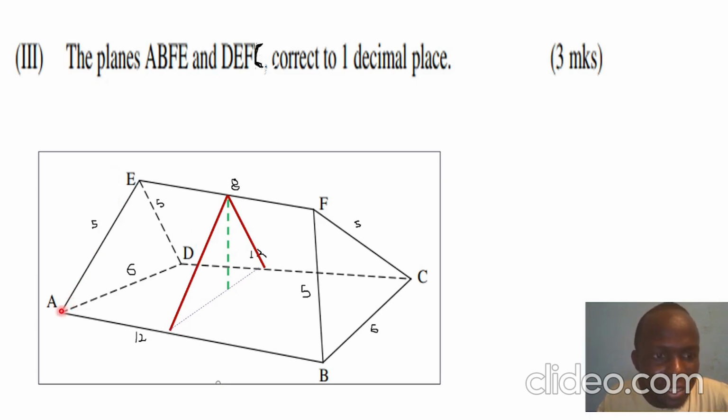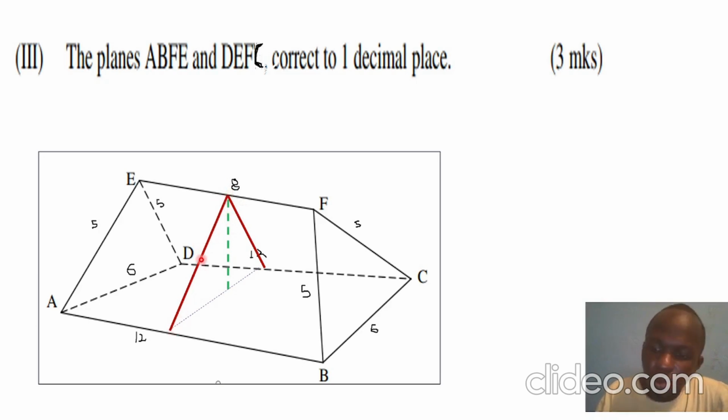Follow how I'm highlighting planes A, B, F, E, and planes D, E, F, C. I've just drawn these lines in the center part of these particular planes to represent the planes. So we need the whole of this angle. We know this side, that side.